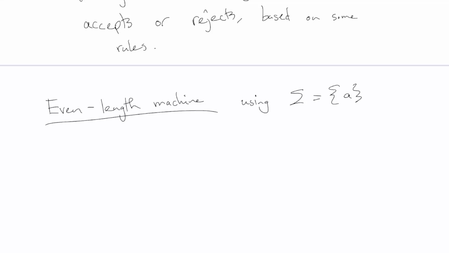That's the idea. All right. So input looks like something like AAAA or AA, etc., right? And we accept if it's even length, reject otherwise.